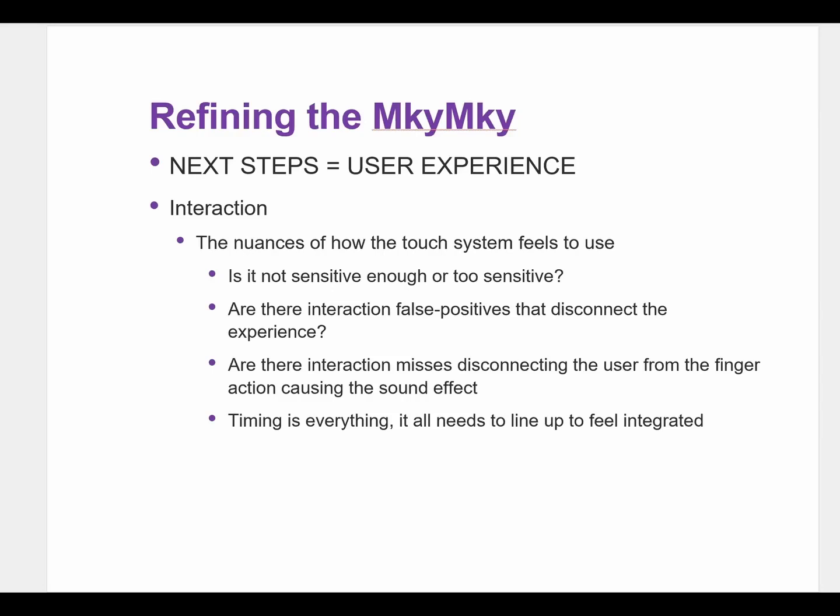Even the way you might rest your hand. If I have to hold my hand above the thing, because if I rest it all of the fingers are going to be firing, then that doesn't work. It needs to work from that human experience position. Are there interaction misses, disconnecting from the action causing the sound effect, and therefore not making sense with the interaction itself? Again, timing is everything, and it all needs to feel very integrated.